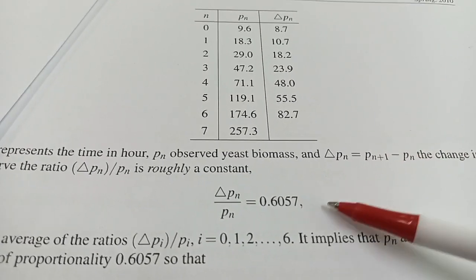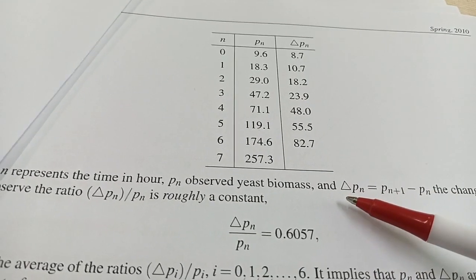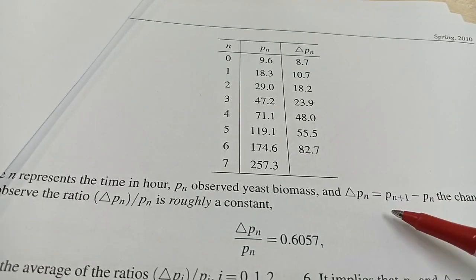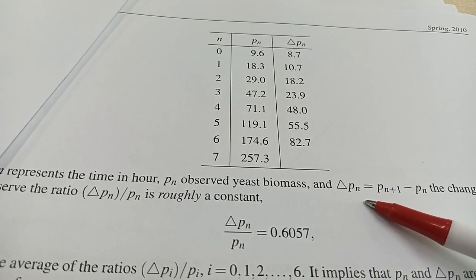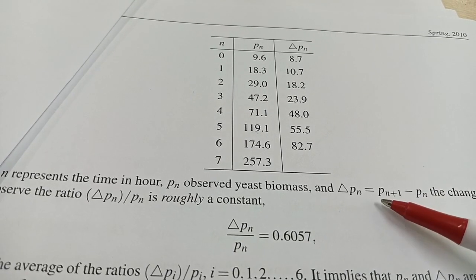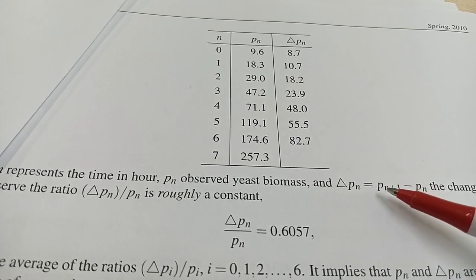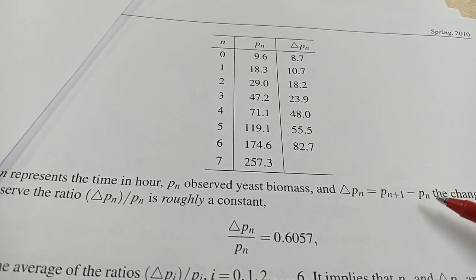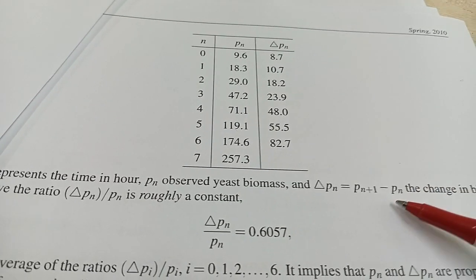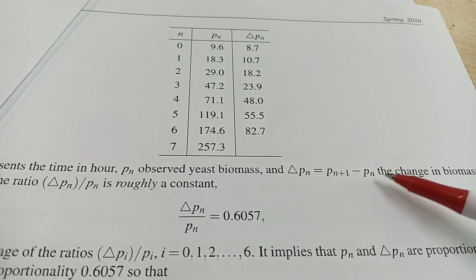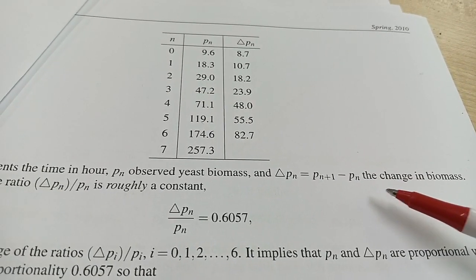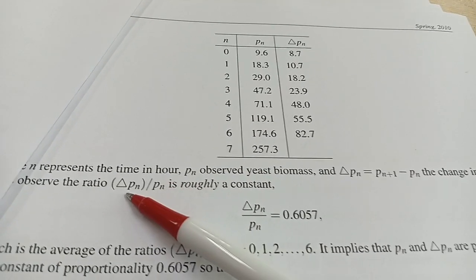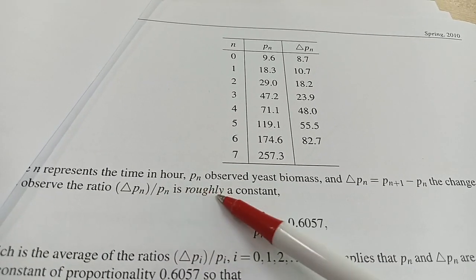Here we model the change, given by delta P sub n, which we have learned earlier: the biomass of yeast at time n plus 1 minus the biomass at time n. Now if we look at the change in the biomass, given by the ratio delta Pn over Pn, it is roughly a constant.